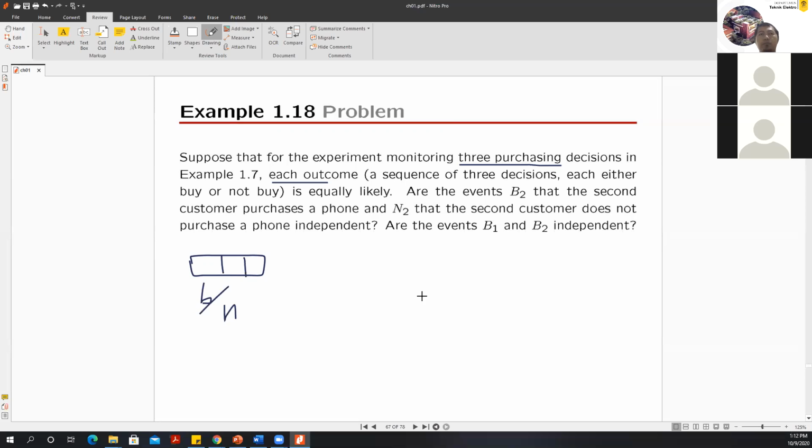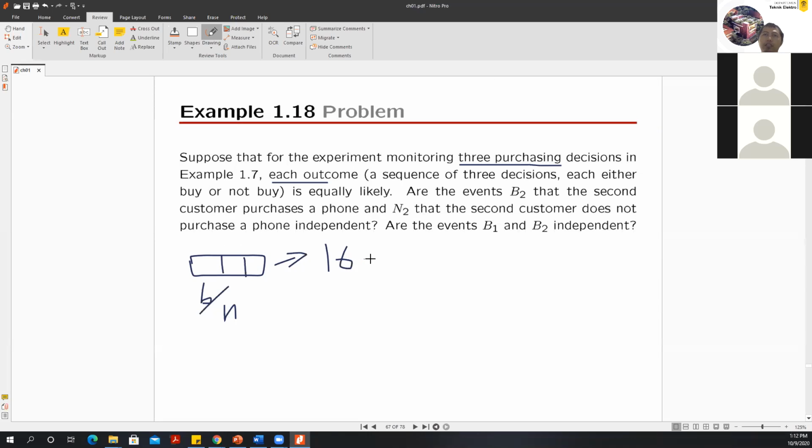Buy or not buy. And then we can easily identify that the total sample space will be 16. Yes, because of the combination of these 3 boxes between buy and not buy.